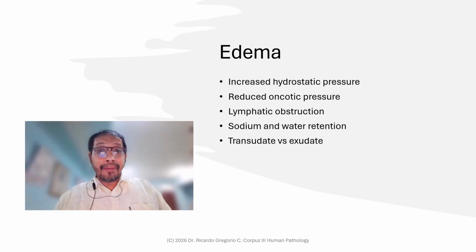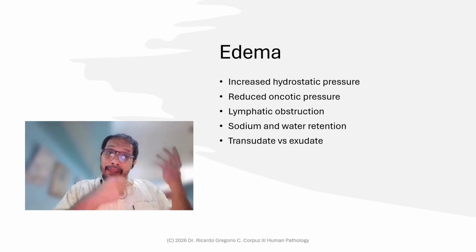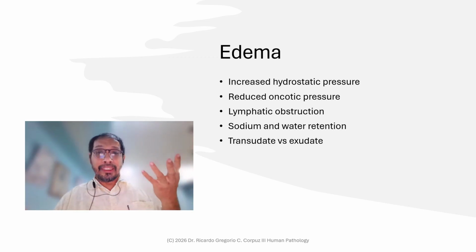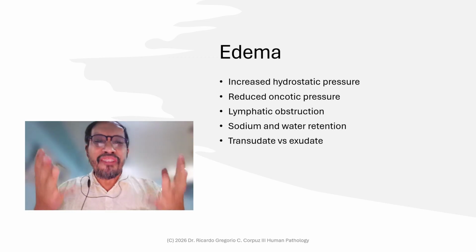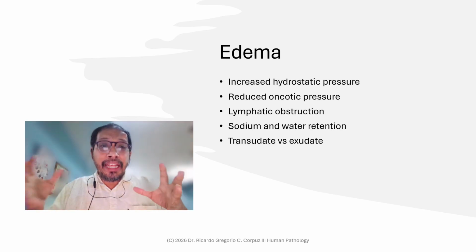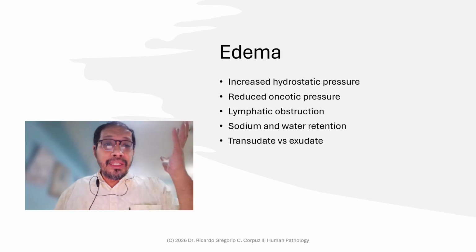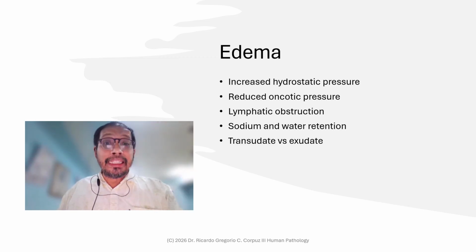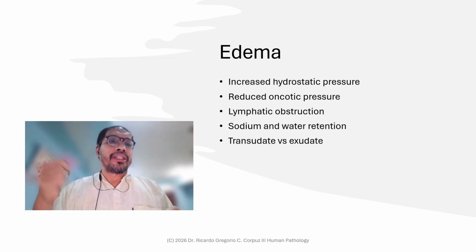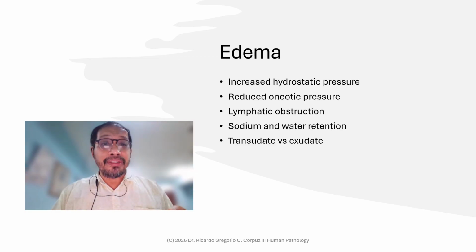So, when we connect mechanisms to diagnosis, the key teaching point here is what? The pattern of edema reflects the underlying pathophysiology. So, dependent edema, think of heart failure. There's a hydrostatic.